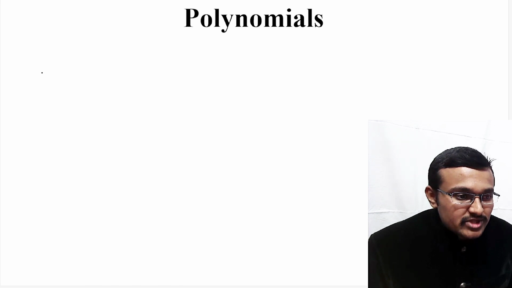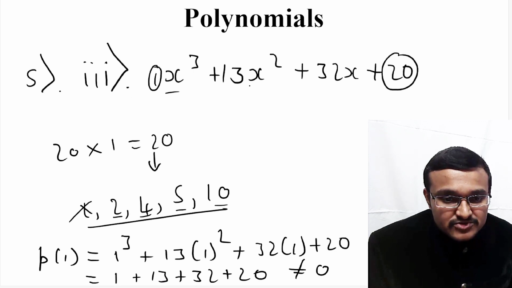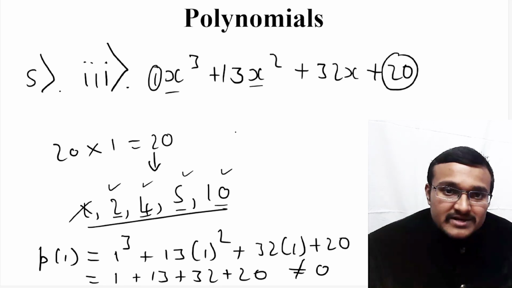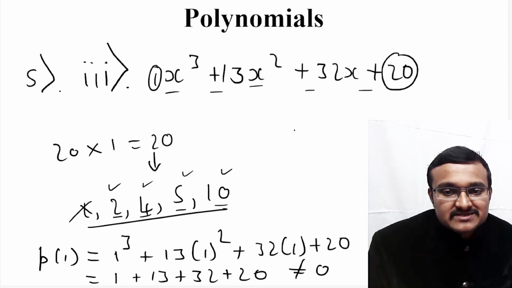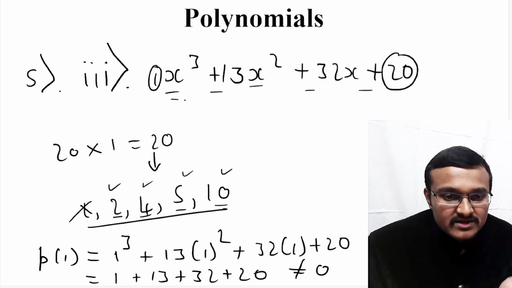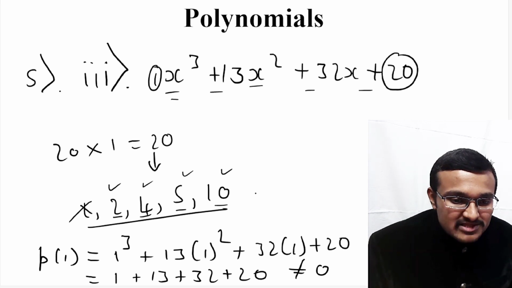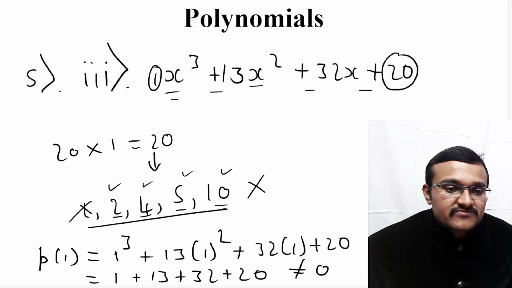Whichever number you substitute, 2, 4, 5 or 10, you will not get 0, because everywhere plus, plus, plus is there. Even if you put a positive factor, you will get a greater value, not 0. So all these positive values are not factors of this polynomial.